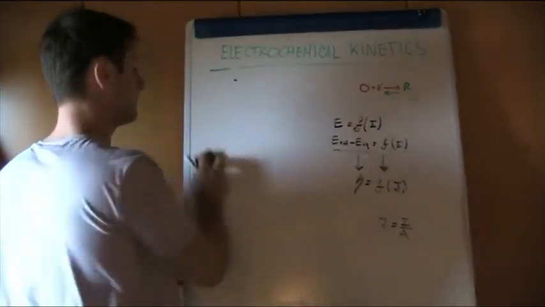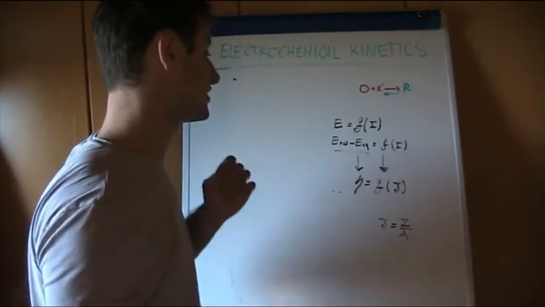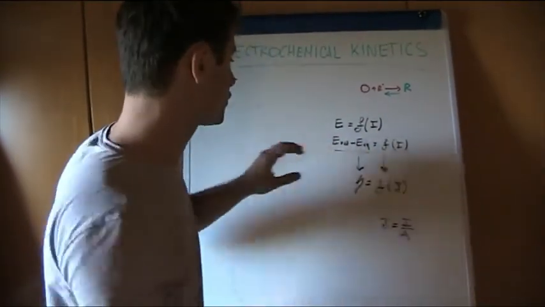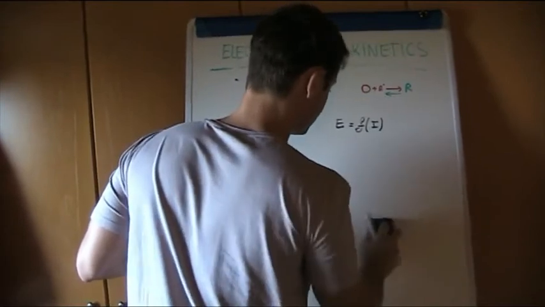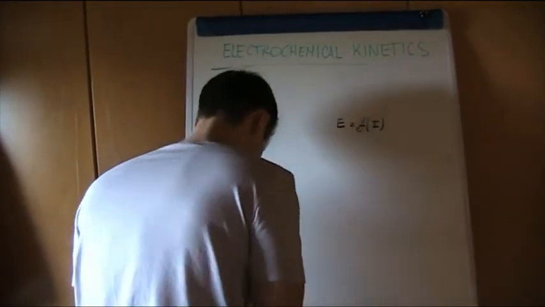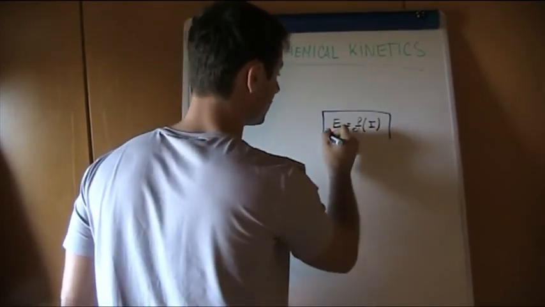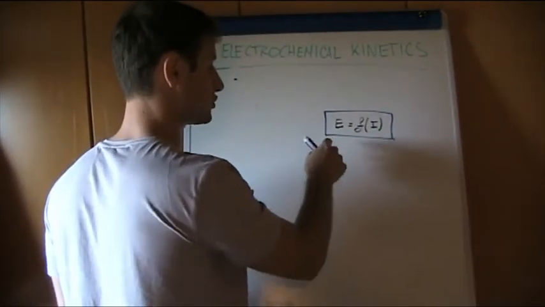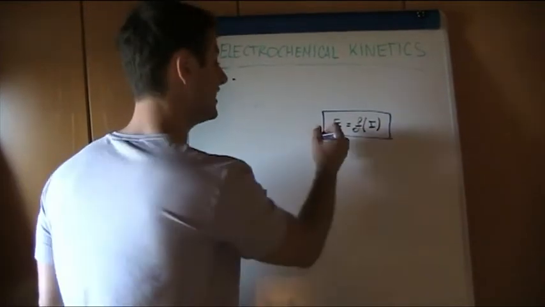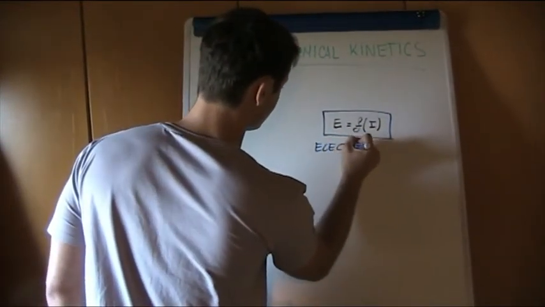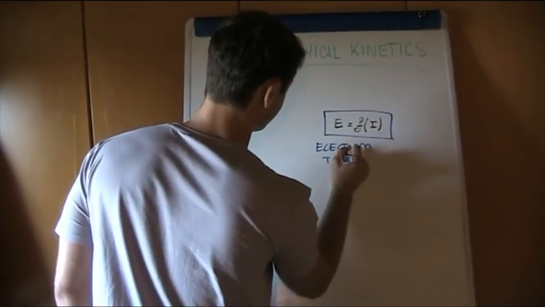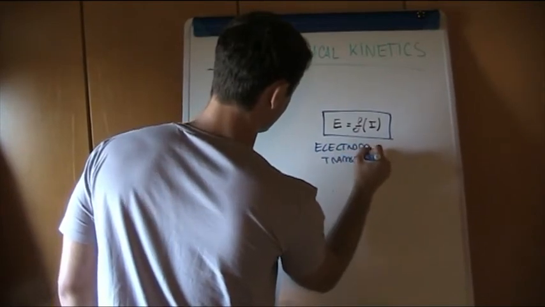In the next lesson, we will start speaking about the resolution of this function, considering as single obstacles, so a single contribution due to the generation of overtension, the electron transfer.